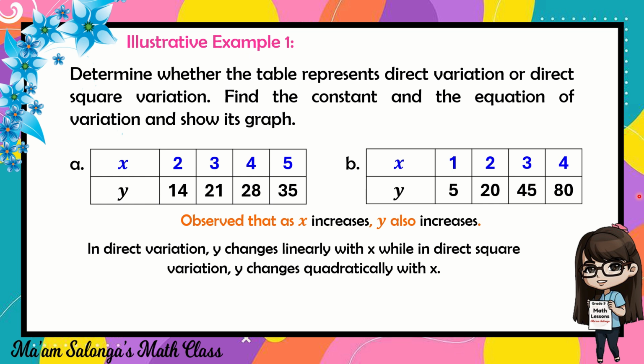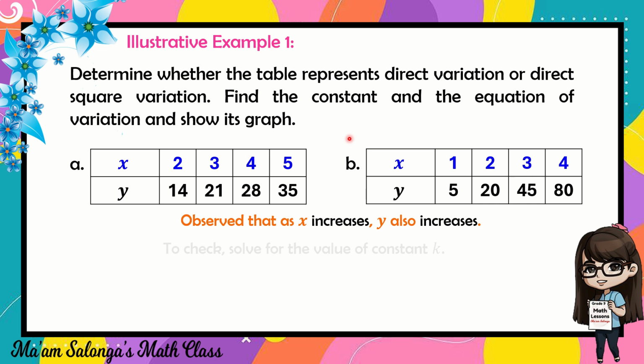Now, in direct variation, y changes linearly with x. While in direct square variation, y changes quadratically with x. So, ganun daw yung changes nila, kaya magkaiba sila. Hindi basta-basta na pag nakita mo to ay direct variation na, ay direct square variation. Iti-test natin yan. So, paano?